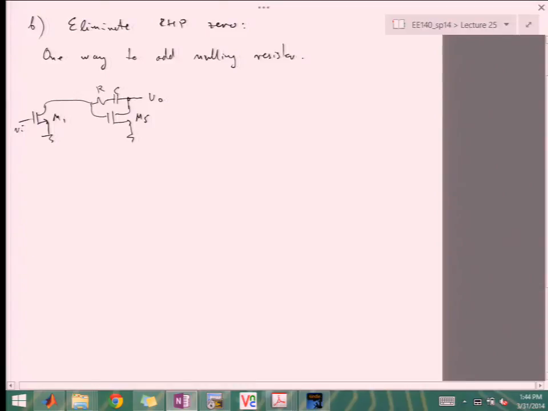Well, if you take a look at this, we can redraw it kind of as a simple small signal model. And then I'm going to have R, C, and then another. This is VGS5.